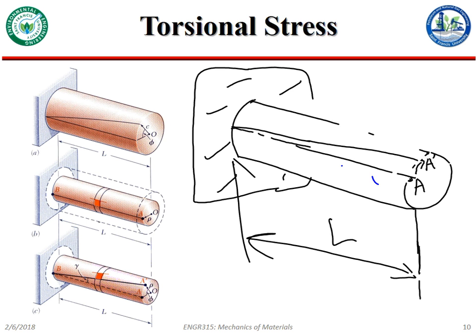put my lines back on there. That means that gamma, the shear strain at any given point along the rod, is dependent on, if this is a center line, it has some radius r.